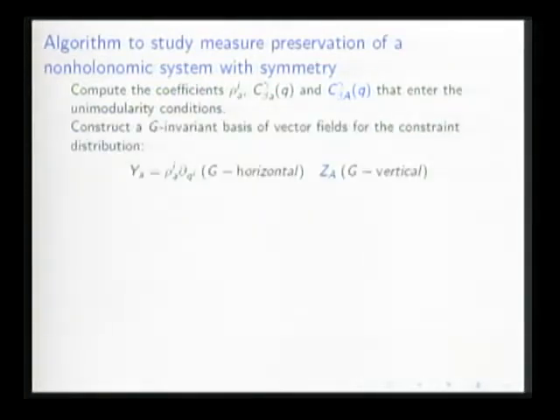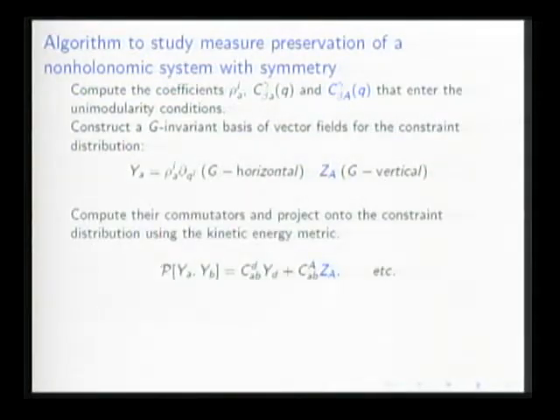To do so, you need to construct a G-invariant basis, a basis that's invariant under the group action and spans the constraint distribution, and you split it in two. One is tangential to the group orbits, this is G-vertical, and one is transversal. The one that's transversal is going to define the coefficients rho over here that enter the unimodularity conditions.